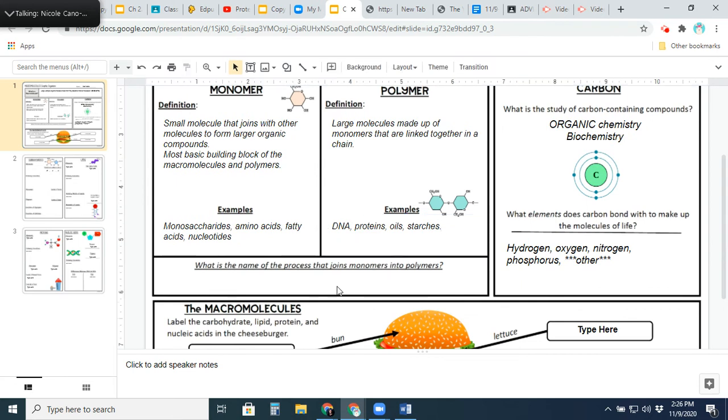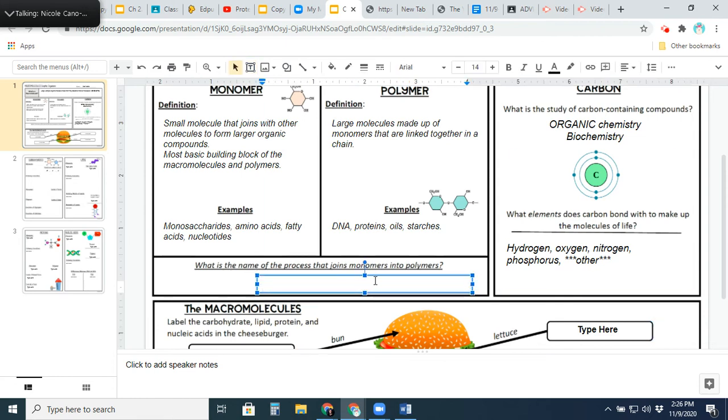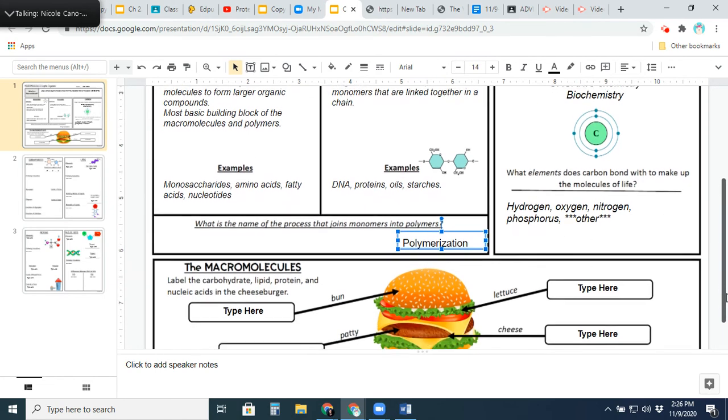If I am looking at how a monomer becomes a polymer, then what I'm looking at is a process, because all things have processes. The process of becoming a polymer is called polymerization. And this is just the scientific name given to the process of turning monomers into chains of polymers.